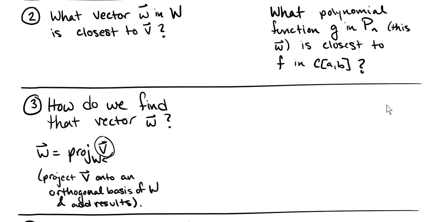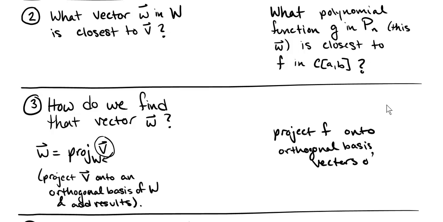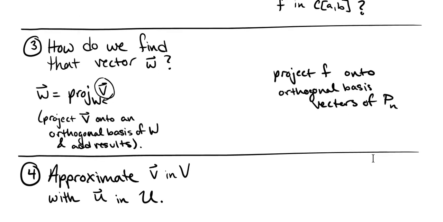how are we going to do this? We're going to project f onto an orthogonal basis, some orthogonal basis vectors of this Pn vector space, this vector space of polynomials of degree n.